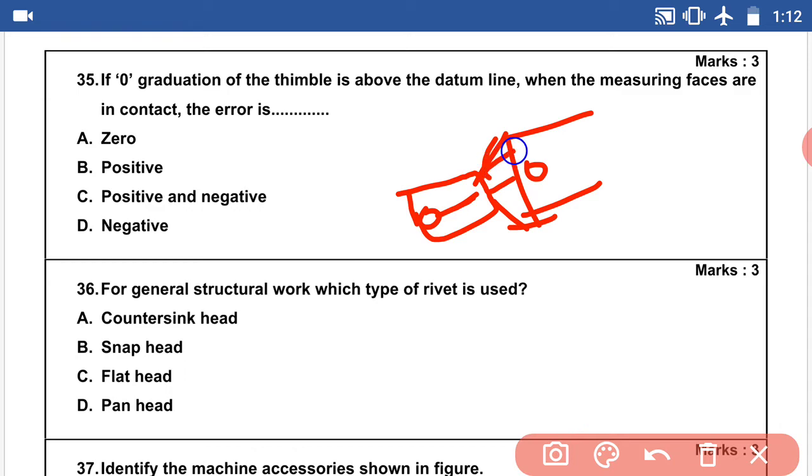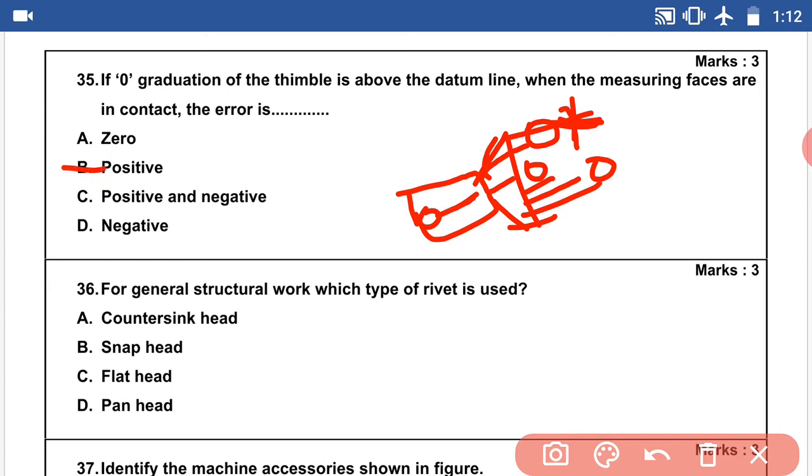When the zero value is above the datum line, this is positive error. Below zero is negative error. So here this value is positive. Option B is the correct answer.